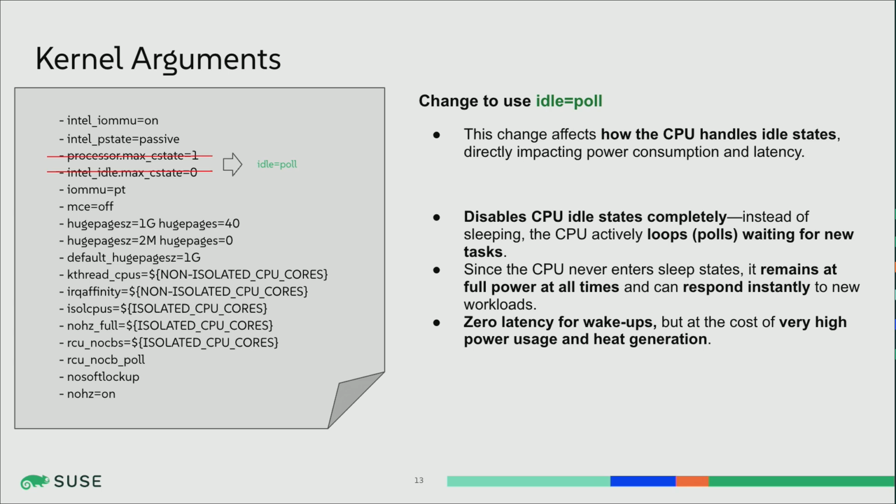The second one is just an improvement, because at the beginning we started using the processor max C state and the Intel idle max C state. But then we changed to idle poll, because it disables the CPU idle state completely. The CPU never enters an idle state, so it remains always at full power.